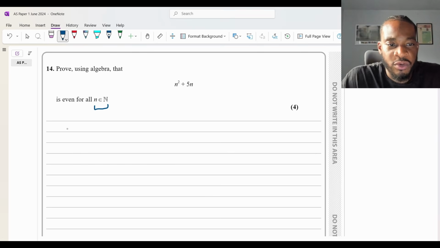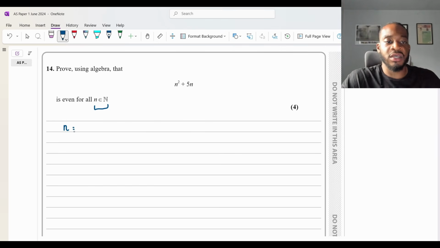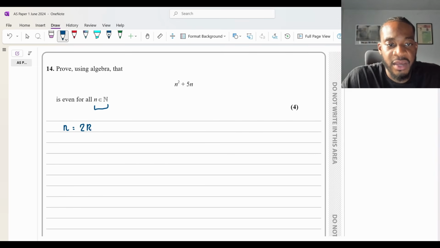So what we want to do is write expressions for these positive integers, and there are only two, even or odd numbers. So we're going to say n, for the first case, is going to be n equals 2k, which is going to be an even number, like that. And in the second case, I put number 1 here, and I put number 2 here, is going to be one more than that, which is going to be 2k plus 1, and this is going to represent our odd numbers.